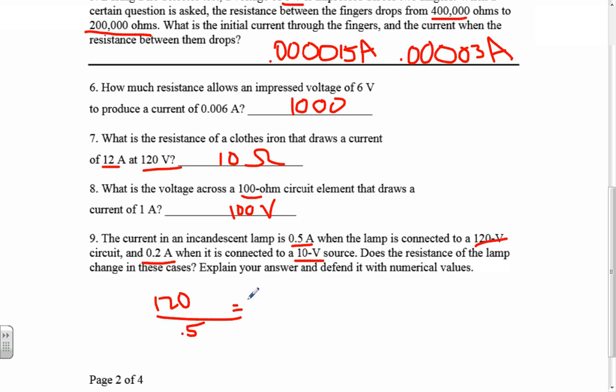So you get 240 ohms when you plug it up to 120 volts. What about when you plug it to only a 10 volt source? So you have 10 divided by 0.2, and 10 divided by 0.2 is 50. So does the resistance change? It does.